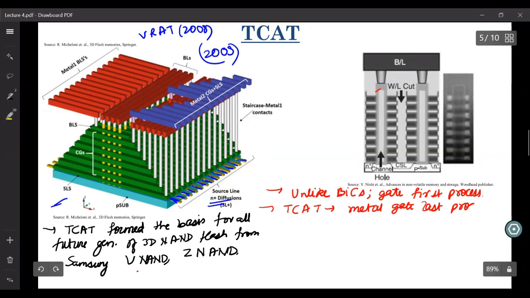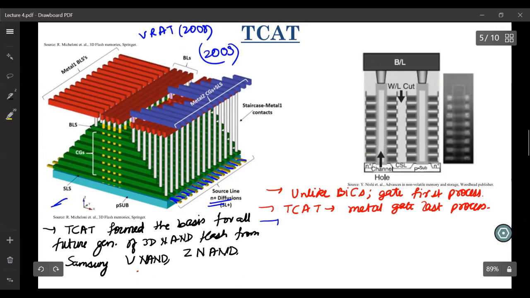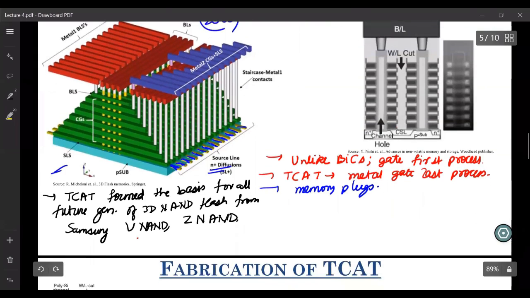So the gate electrode is defined at the last. So how exactly is that done? Initially, we first go ahead and make these memory plugs. Here the memory plug formation is also different. Let me just go through the fabrication first and then come back to this point.